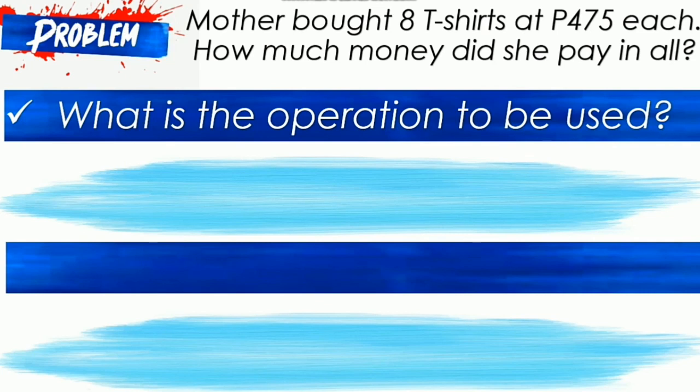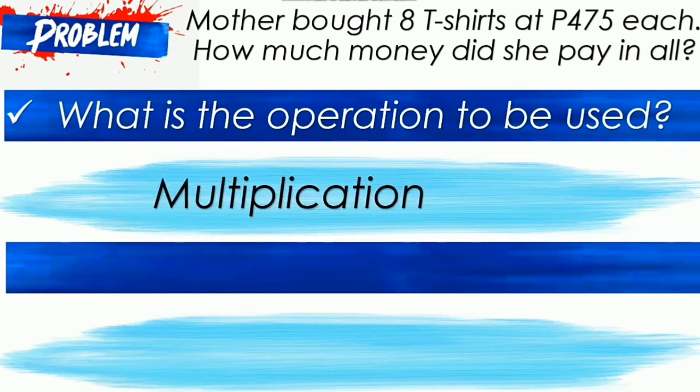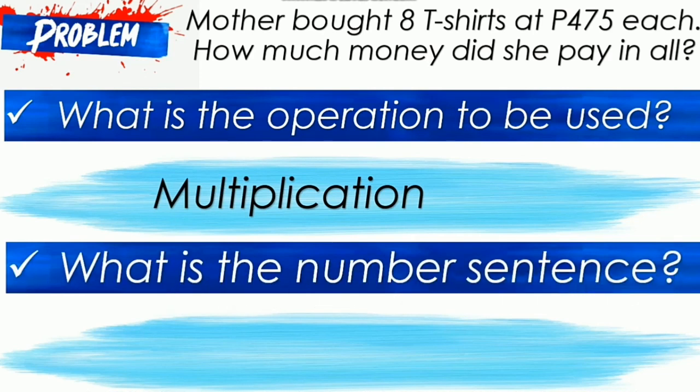So now we'll move to the number sentence. If the cost of a shirt is 475 pesos each, finding the cost of 8 t-shirts will be multiplying 475 by 8. So that's the number sentence.